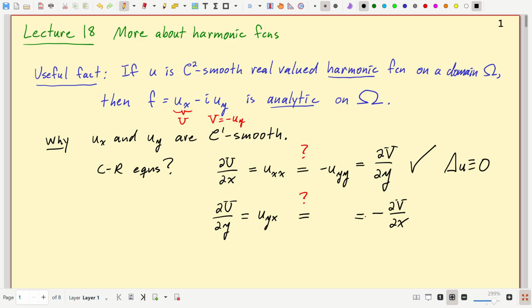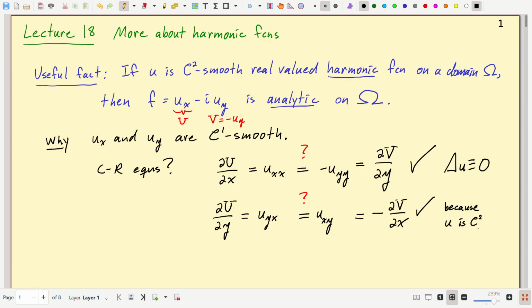And so this would be, minus and minus would be plus, and that would be du dy dx. I'm sorry, dx dy. In other words, you change the order. And that's a yes, because u is C2 smooth. So that's all there is to it.